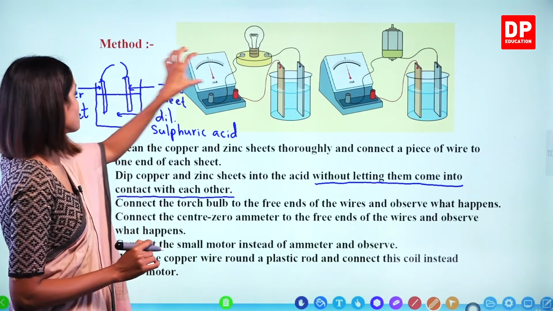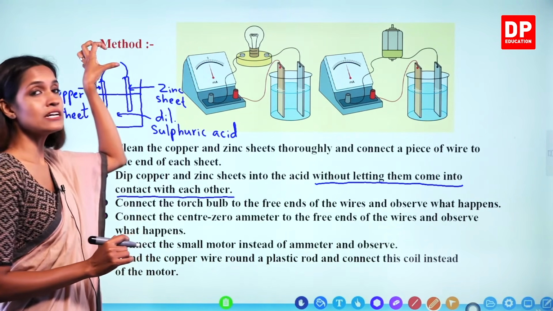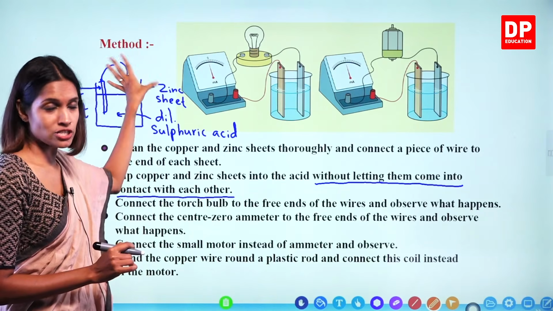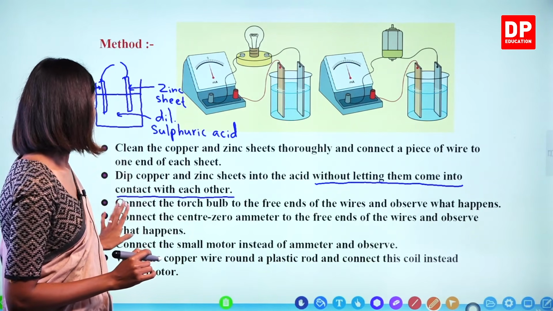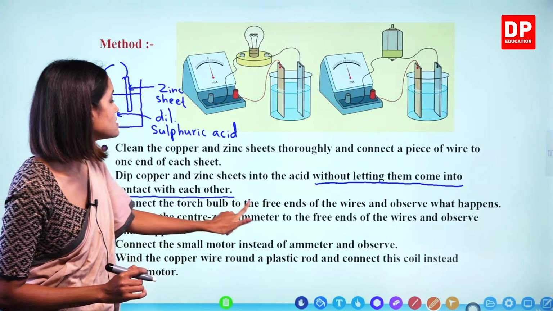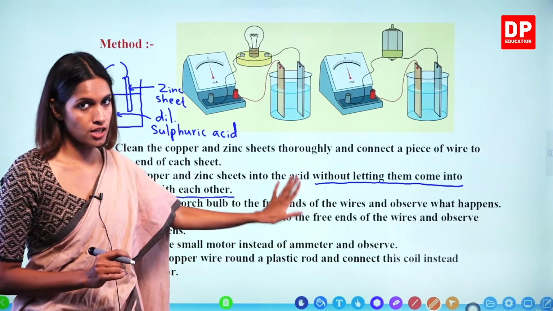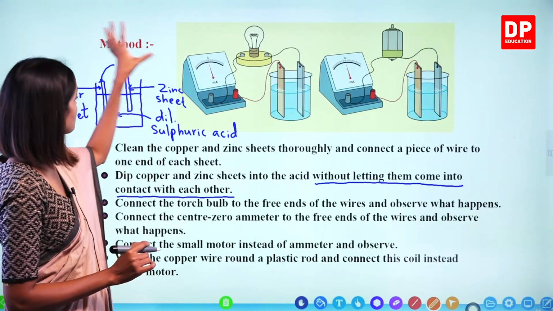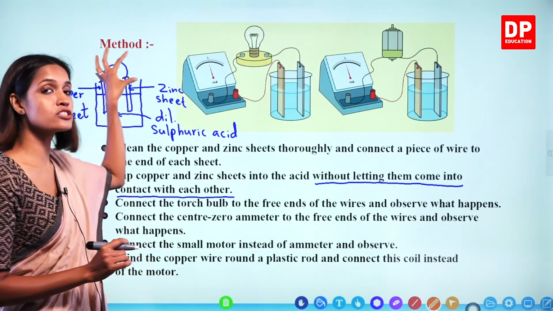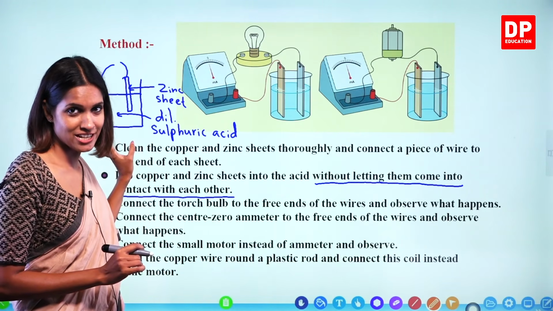So you can remove the bulb and connect a center zero ammeter to this one, right? And then connect the small motor instead of the ammeter and observe. You can remove the ammeter and connect a small motor instead.